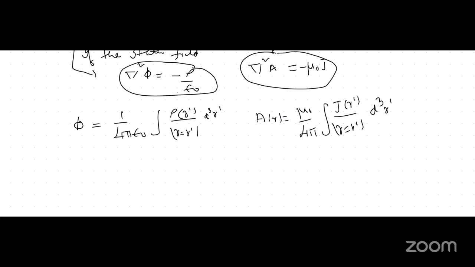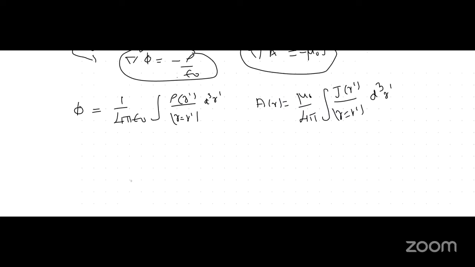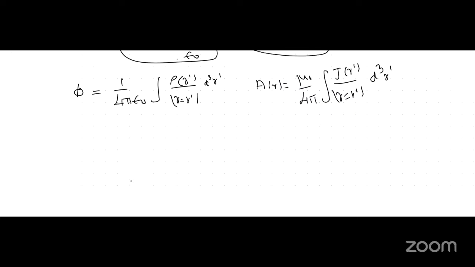As we said, whenever the wave moves from the source point to the field point, the time taken to travel is called the retarded time, TR.